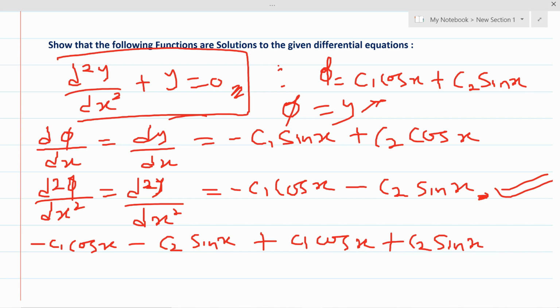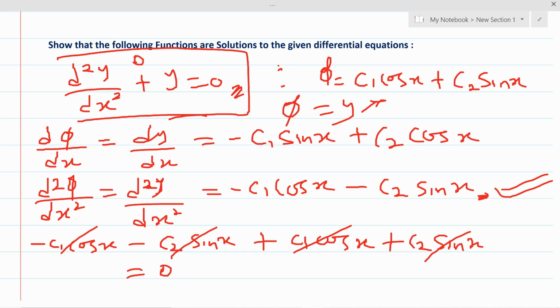Adding the whole of this, negative c1 cos x plus c1 cos x takes this away, and negative c2 sine x plus c2 sine x also takes this away, and the resulting solution is 0.